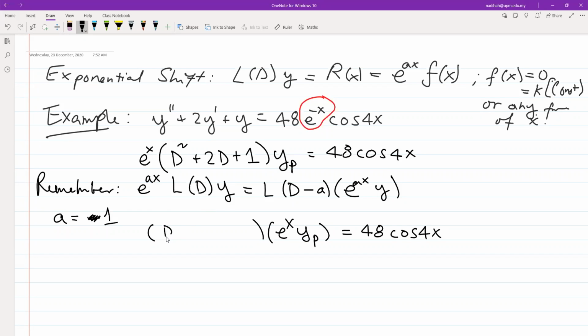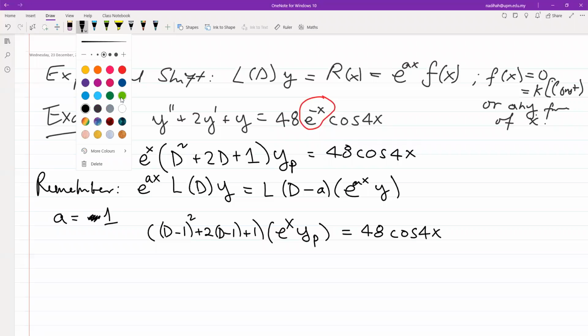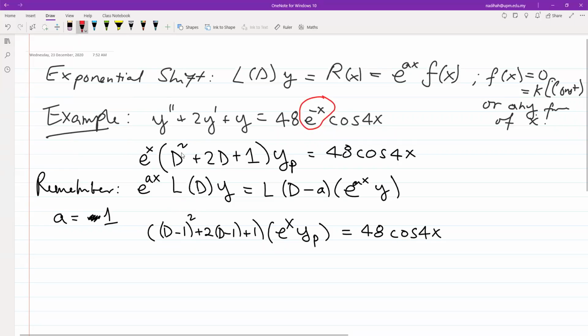So we have (d minus 1) squared plus 2 times (d minus 1) plus 1. You will notice that the difference is just here: the original d becomes d minus a, then 2d becomes 2 times (d minus 1), and 1 doesn't change because there's no shift inside that.